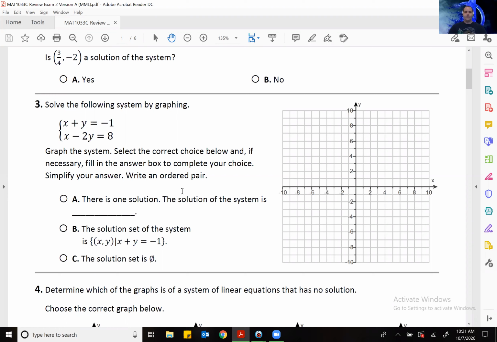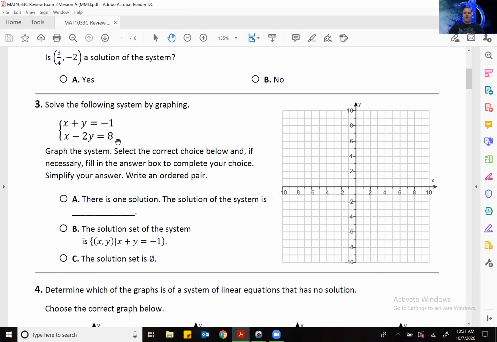Okay? So again, remember these answer choices. If we solve this and we see the lines intersect each other at one point, that's answer A. If we see that the two lines are the same line, lying on top of each other so you only see one line, that's B, infinite.